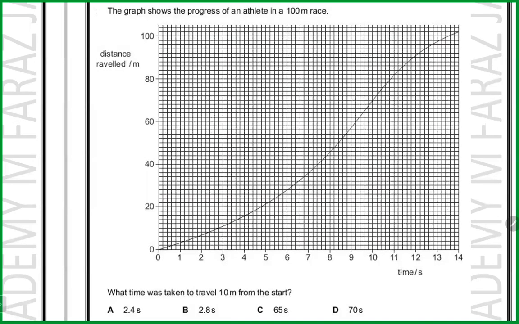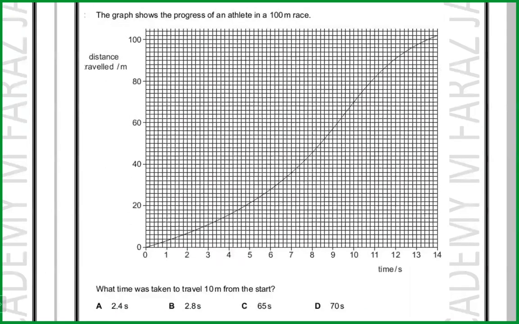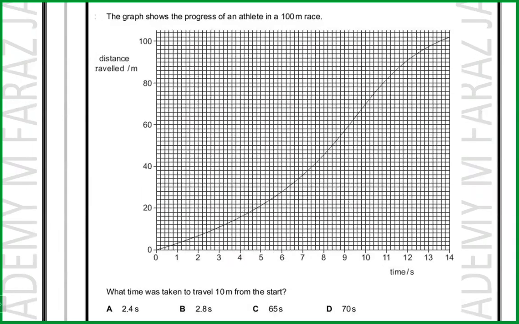So can you show me the MCQs? I think it was A. There's no other information. That's it. The question starts with this. The graph shows the progress of an athlete. Yeah, I was just counting the boxes to see where's the 10 meters.